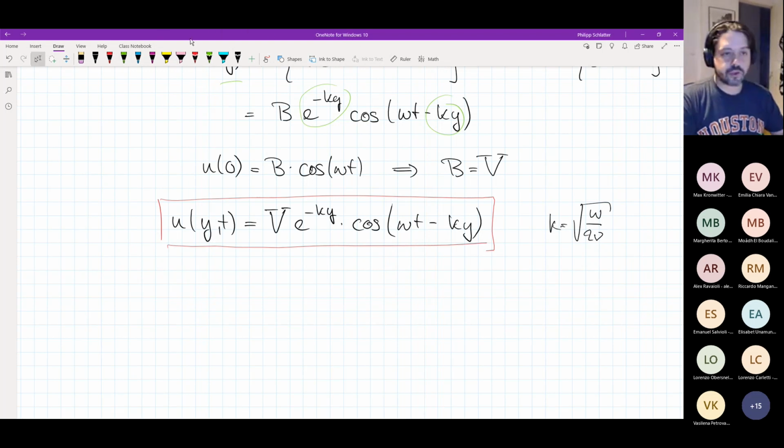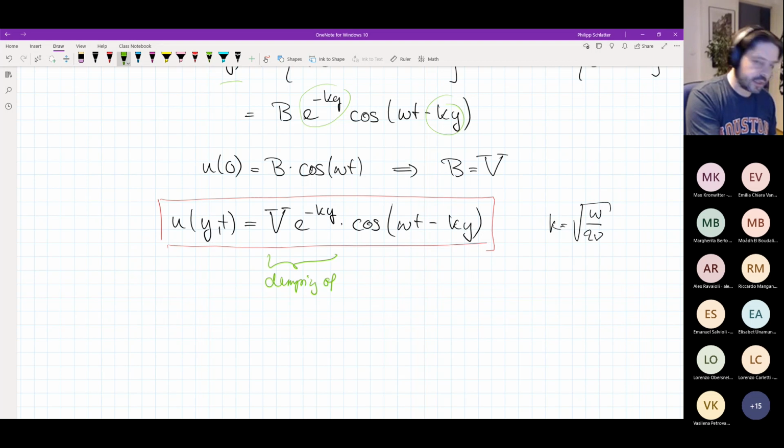So that means we can now identify a number of different parts of our solution. We have certainly this first part here, which is v times e to the minus ky. This is something that we can say is a damping in the vertical direction y.